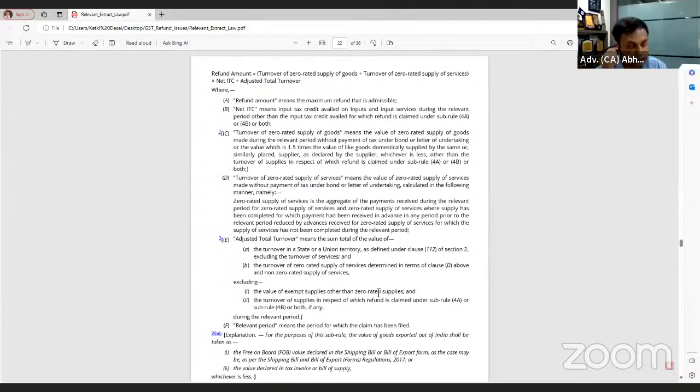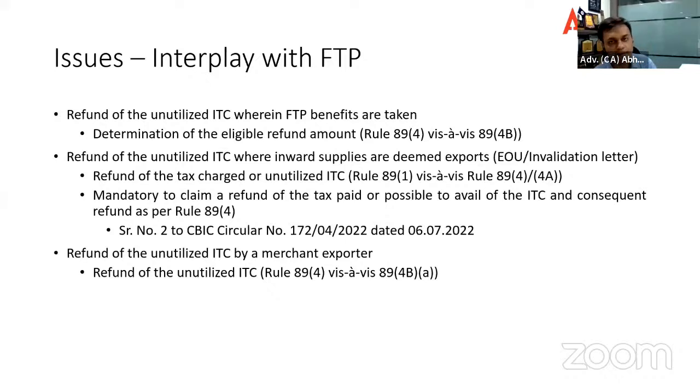I would say that that interpretation is not supported by the express language of the rule. That interpretation is even not supported by the scheme of the Act. The Act never entails a one-to-one correlation of particular input services with goods which are physically exported. So to my mind, certainly one can consider claiming the refund under sub-rule 4, even if someone has availed the benefits under foreign trade policy and makes exports under LUT.